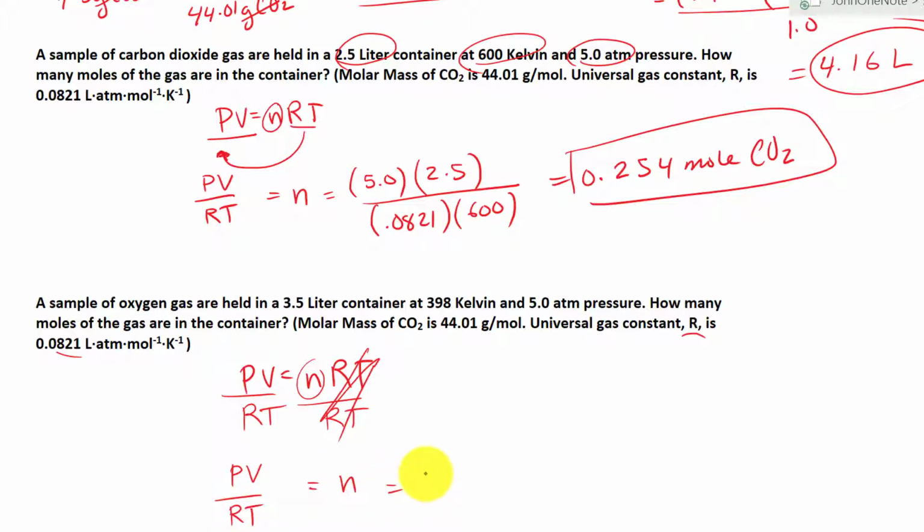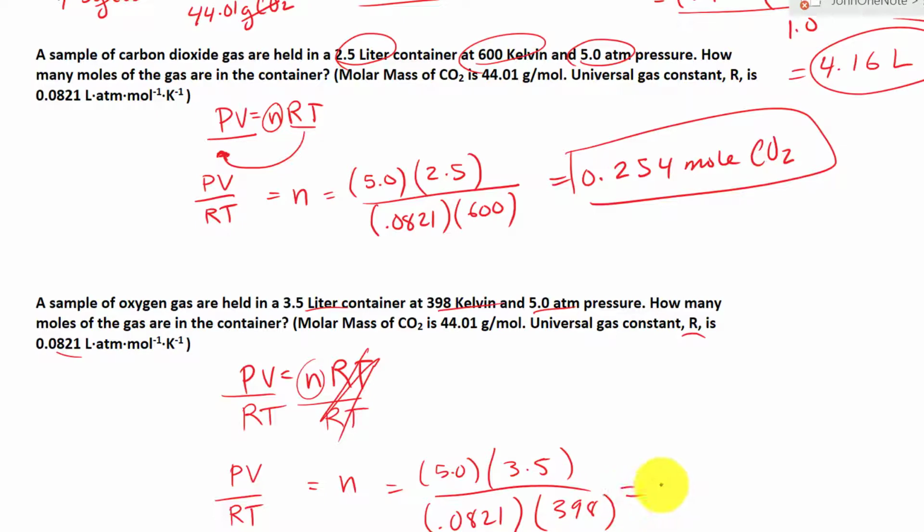Let's plug it in. But before we do that, we have to check that our units are right. Well, pressure has to be in atm. Is that right? Yes. How about volume? Is it in liters? Yes. How about the R constant? Well, it's just a constant. And the temperature is in Kelvin. Yes. So now let's plug it in. So we have pressure equal to 5.0, your volume is 3.5, and then the R constant is 0.0821, and your temperature is 398.